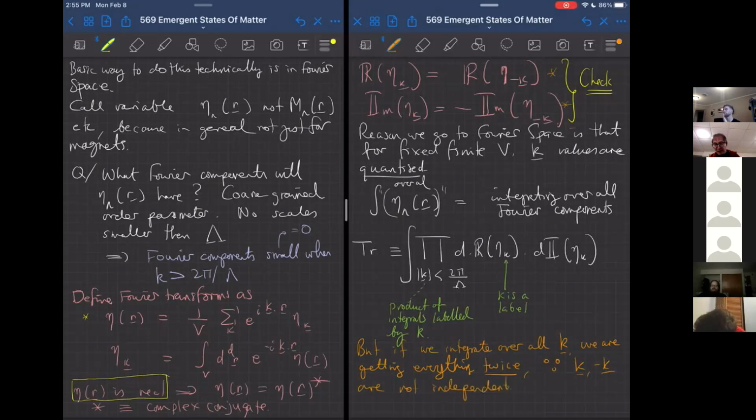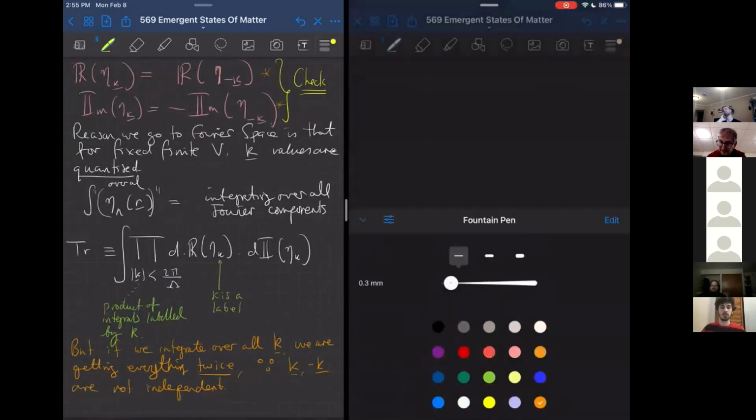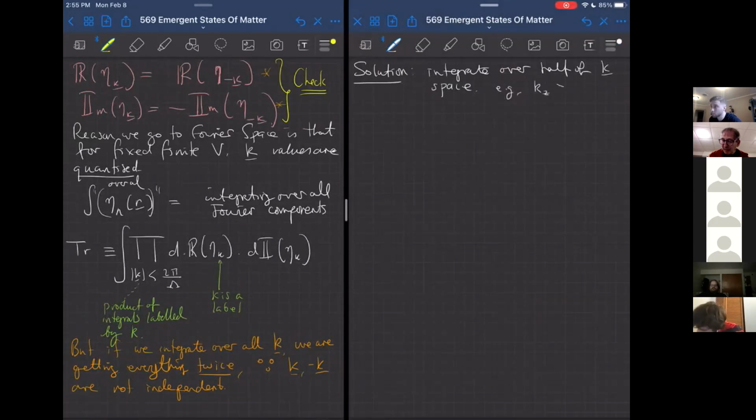So what we have to do is only integrate over half of k space, and we can do that, for example, by saying we'll just set the z component to be in the positive half plane and the others to be anything we like.